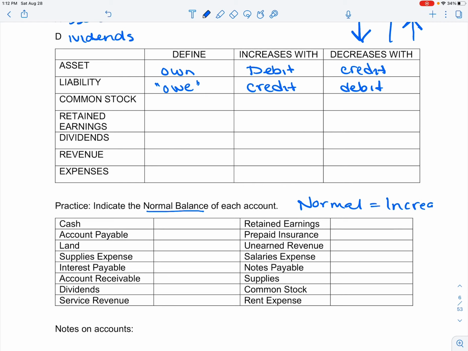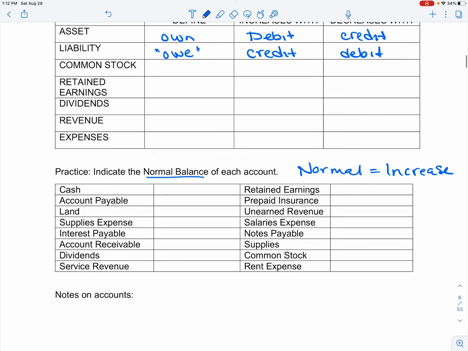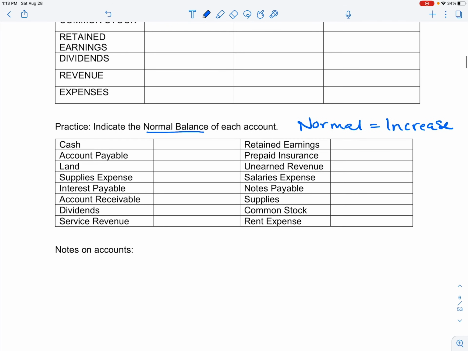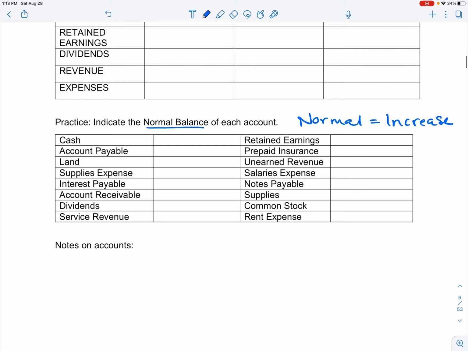So if you filled out the top of this chart right, you should be able to then take it one step further and fill in each of these accounts, what their normal balance is. This is going to be extremely helpful to you on that first exam, and to be able to get this down will be helpful to you the rest of the semester.